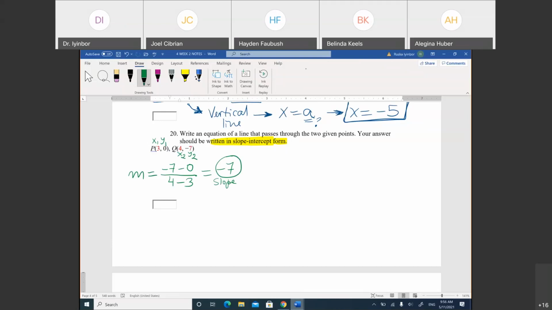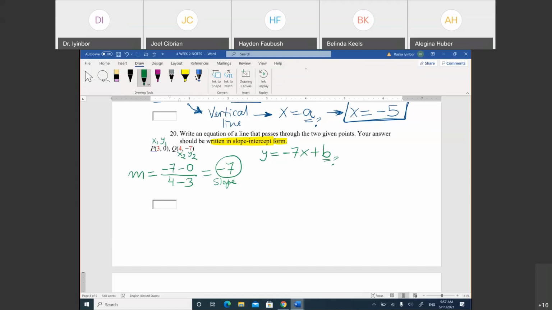Yep. Okay. So I have the slope. So the equation right now is y equals mx plus b, right? So it's going to be -7x plus b. This is the equation so far. Now, we need to find b the same way we did before. What are you going to use to find b? We need x and y, right?